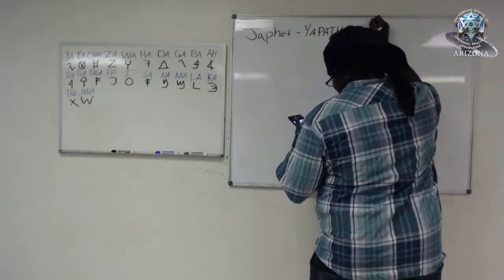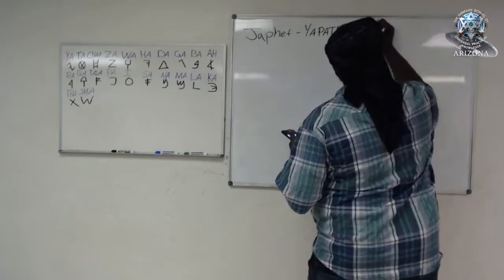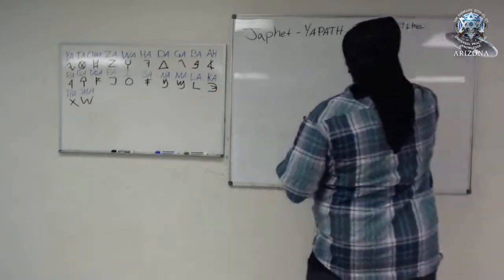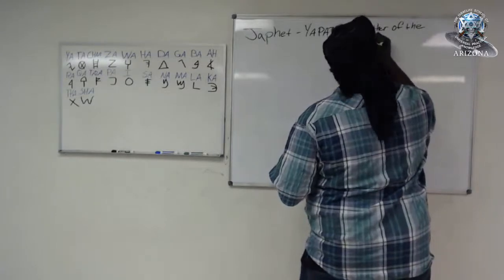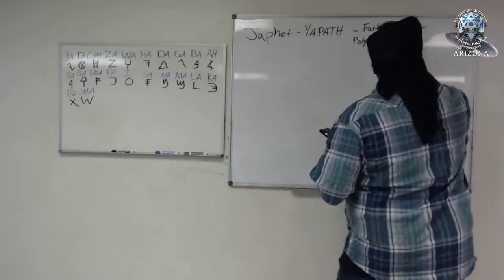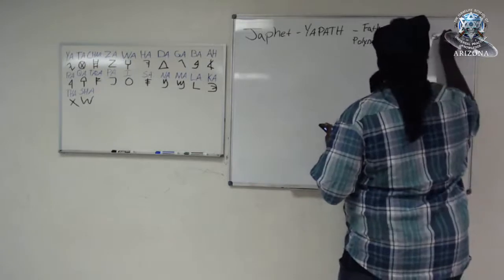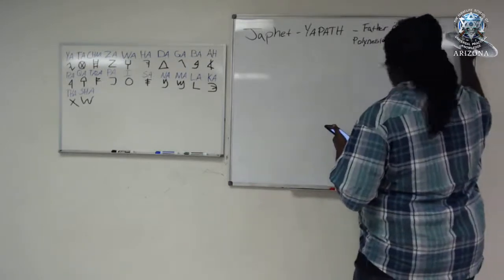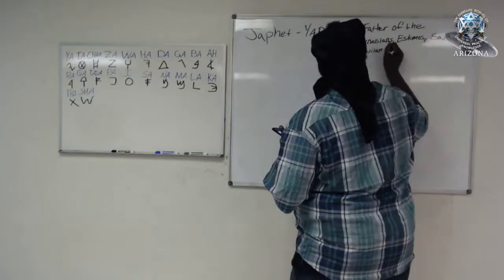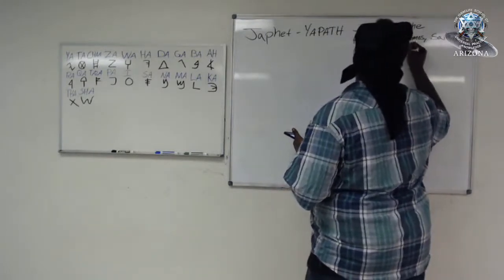The Polynesians, the Eskimos, the Samoans, Hawaiians, and the natives or Aborigines, let's say, of Australia.